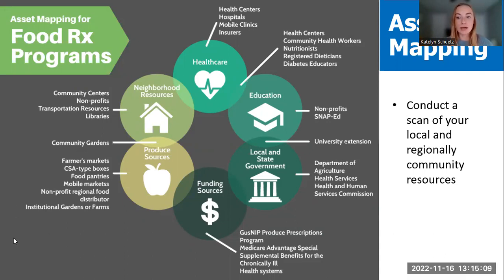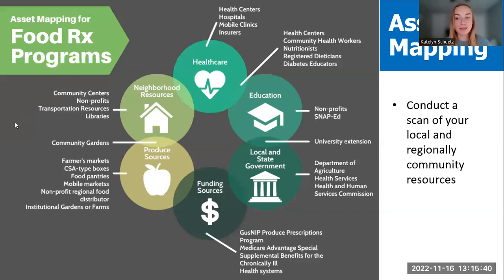And you'll want to identify as many organizations as possible in this scan so that you have options when you get to the next step, which we'll get to in just a little bit, which is actually assessing, are these organizations ready for this type of program? Some of them may not be ready. So identifying as many as possible that exist in your community can give you more options, but it's okay if you can only identify a few at first.